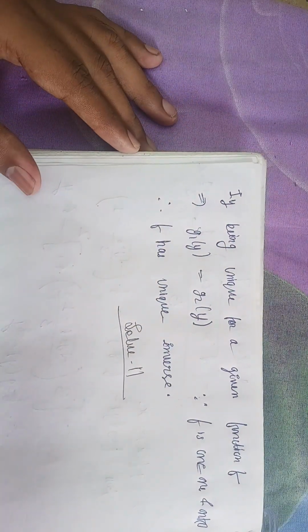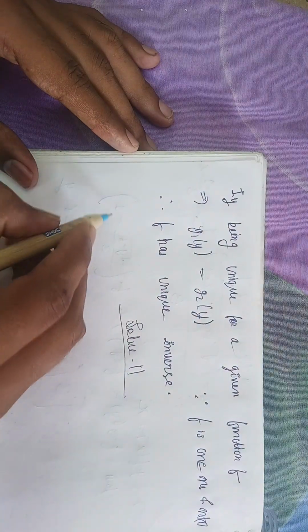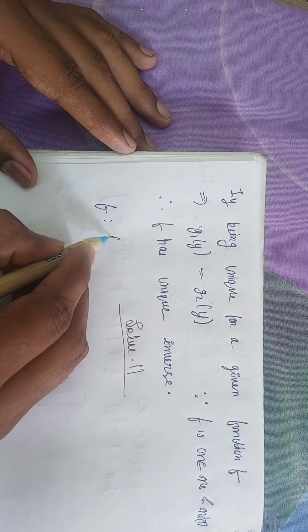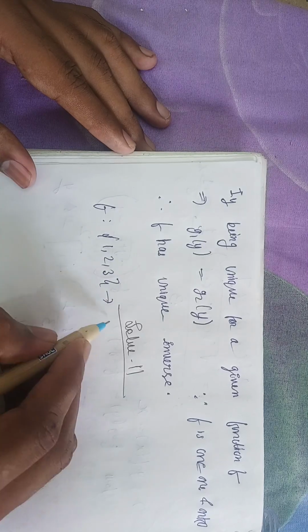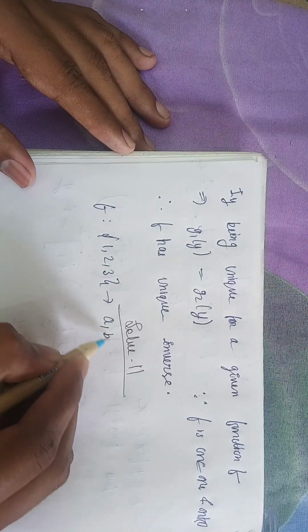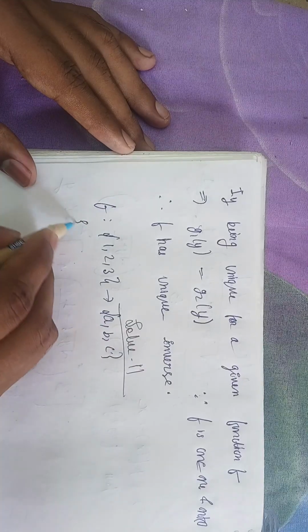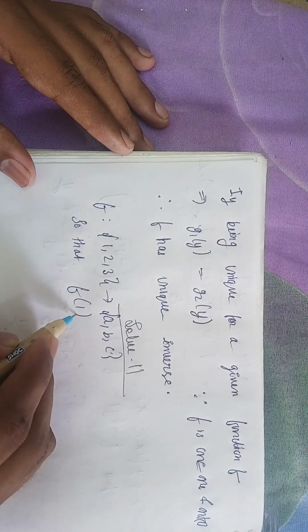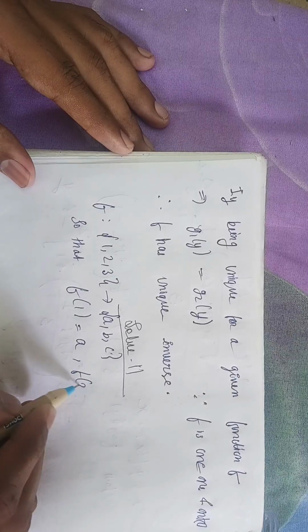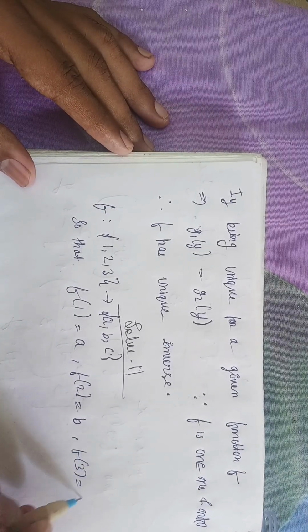And the solution for question number 11 is: function f from {1, 2, 3} to {a, b, c}. Show that f(1) = a, f(2) = b, f(3) = c.